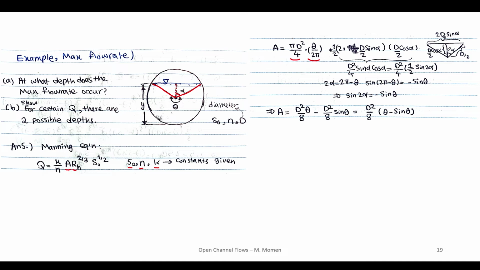Okay, so if this is alpha, this is d over 2, right? This is the radius. The radius is going to be half of the diameter. So this part is going to be d half times cosine alpha, and this part is going to be d half times sine alpha, right?